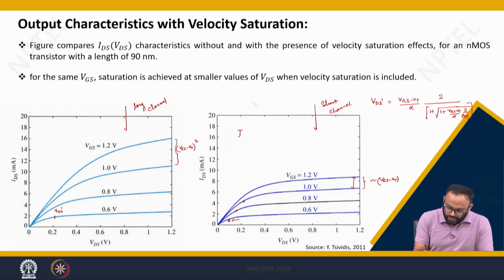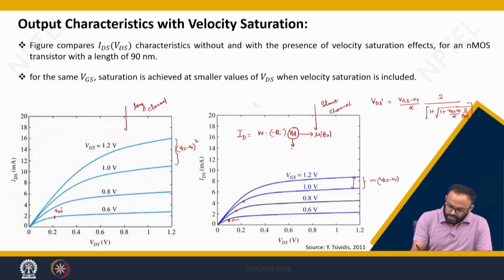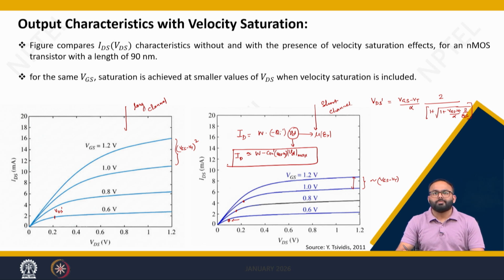In general, the current equation can be given as W into minus Qi dash into Vd, and when we talk about velocity saturation, this Vd should not be replaced by mu into Ex, because this Vd is nothing but Vd max. We can simply say the carrier reaches its maximum velocity, and hence if you write the charge equation, this gives you minus Cox dash Vgs minus Vt. From here it is also justified that current is no longer square dependent on Vgs minus Vt, so the spacing is reduced.